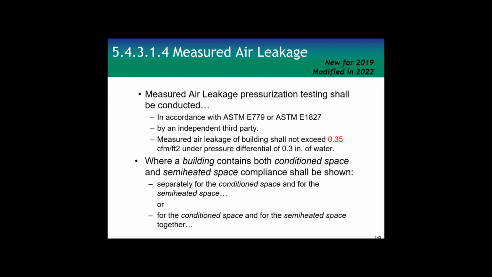I don't know why they like pascals better when they're giving you test reports, but that is 0.3. And the federal government requires a 0.25 CFM. So, some things are more aggressive than we have been. We dropped it, I think, from 0.4 to 0.35 in 2022, but still not super aggressive.